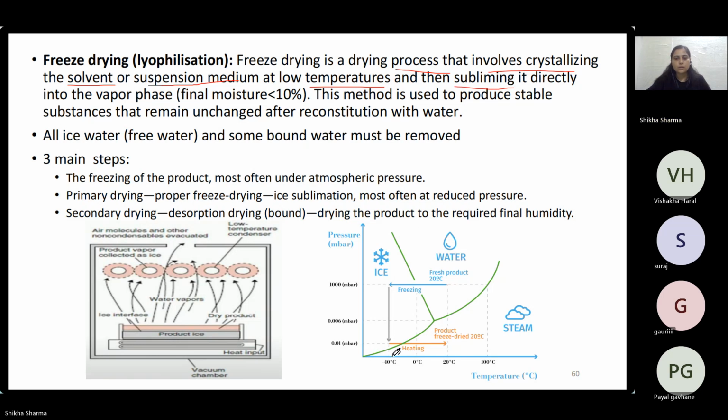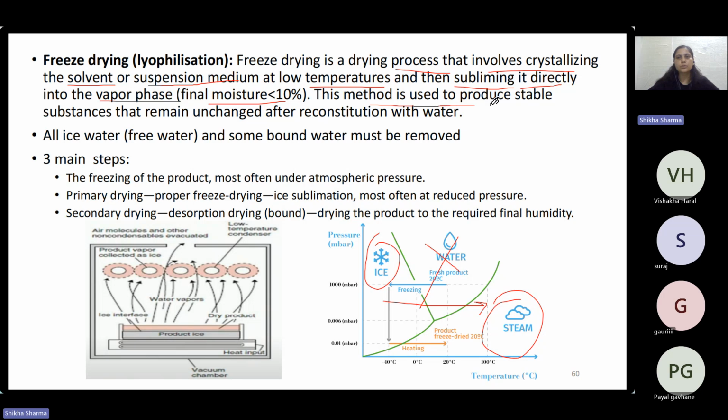First, the product will be stored at -80 or -30, so ice will be there, and then the sublimation occurs. So there is no liquid form, directly gaseous form, because we are doing this at low pressure. Sublimation goes directly into the vapor phase, and the final moisture content will be less than 10%.